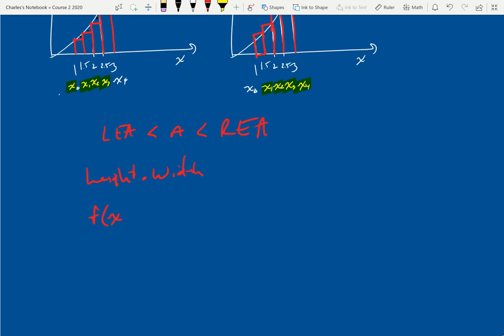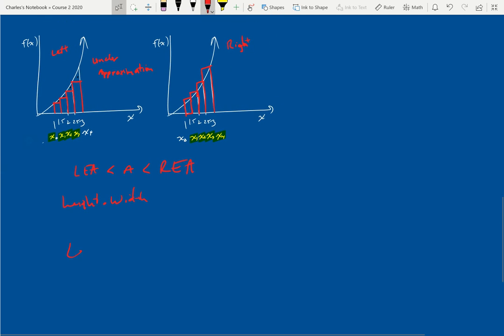So in the left example, it's going to be f of x sub 0 times, what's the width of each one of those rectangles? Well, it's 1/2, plus f of x sub 1 times 1/2, plus f of x sub 2 times 1/2, plus f of x sub 3 times 1/2.